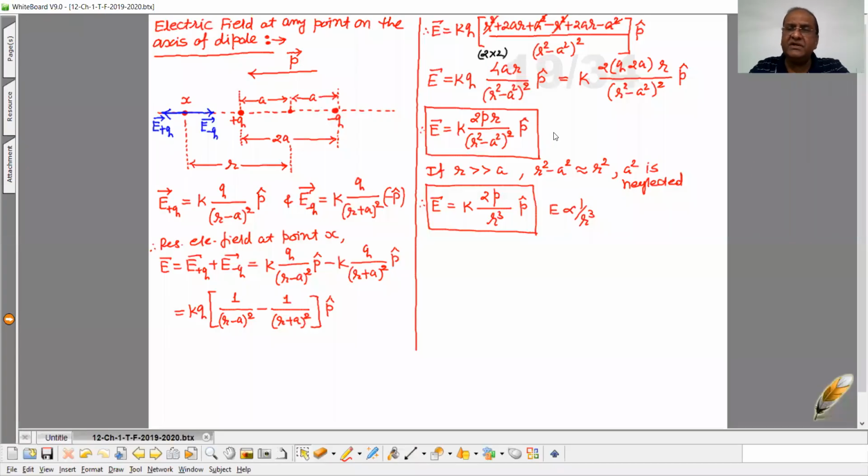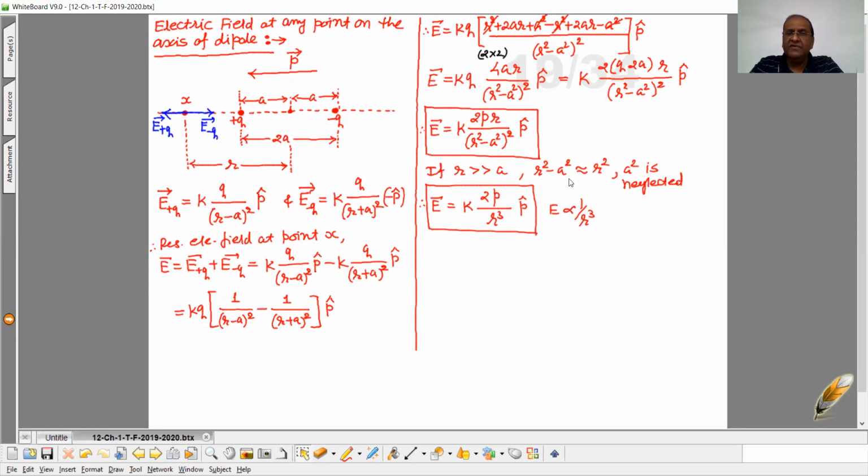Now, this equation can be used for any point situated at any distance on the axis of the dipole. But suppose here we consider one special case in which R is very much greater than A. Then in that particular case we can write R square minus A square as nearly equal to R square.